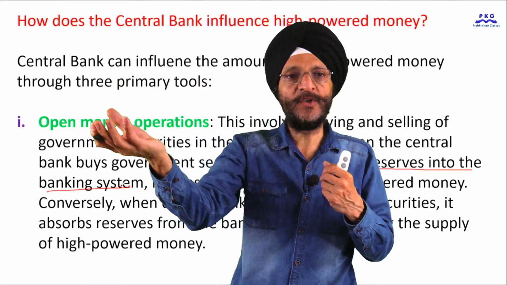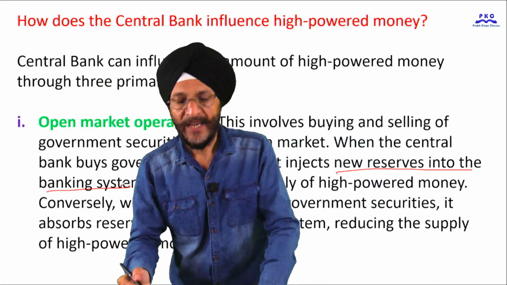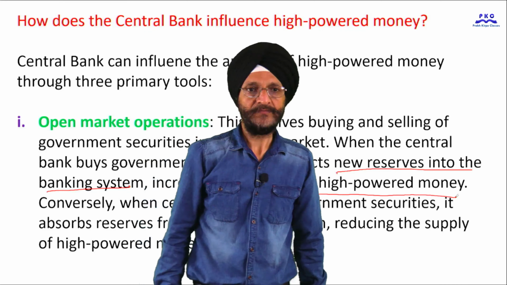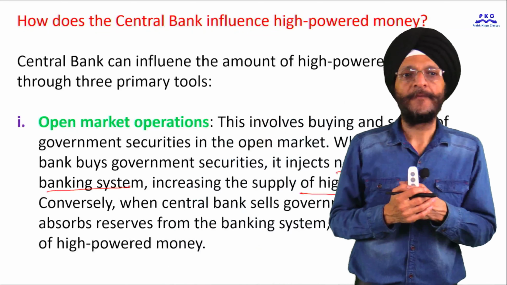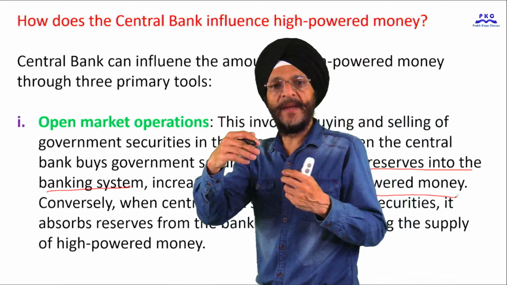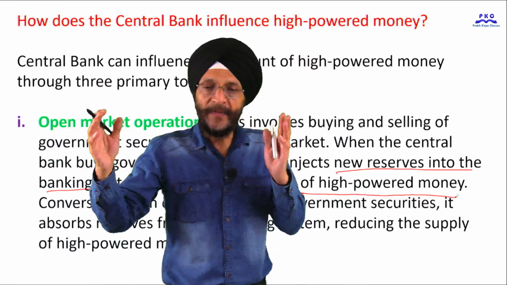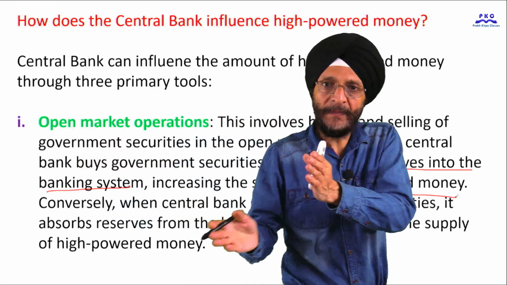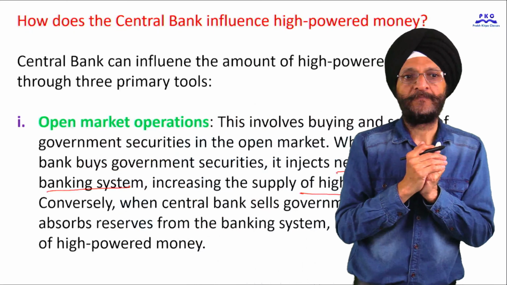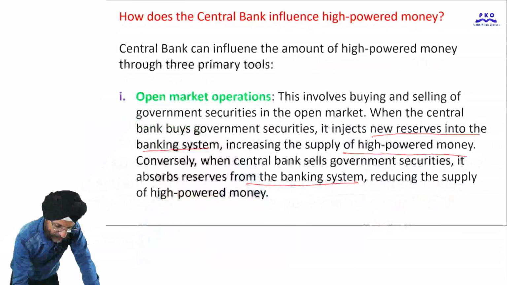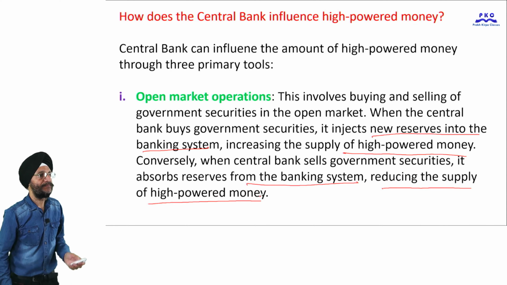The payment comes into the banking system and it increases the supply of high powered money. On the other hand, when the central bank sells the government securities, the money flows from the commercial banks to the central bank. So it absorbs the reserves from the banking system, reducing the supply of high powered money.